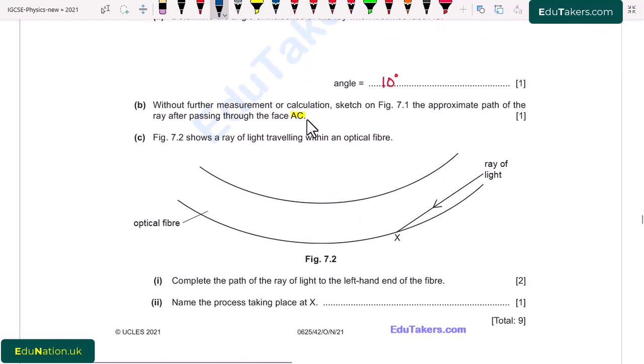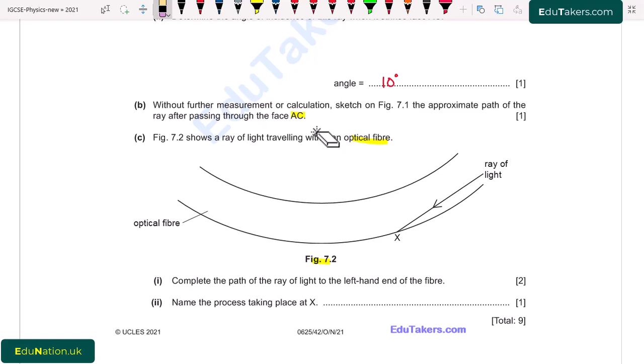Part C. Figure 7.2 shows a ray of light traveling within an optical fiber. Here is figure 7.2 and this is the incident ray that strikes one point X in an optical fiber. Part 1. Complete the path of the ray of light to the left hand end of the fiber. So we have to draw the complete path of this ray inside this optical fiber. We can see from this figure that a ray of light is incident at point X and it will get totally reflected. None of it will be refracted. So there will be total internal reflection.